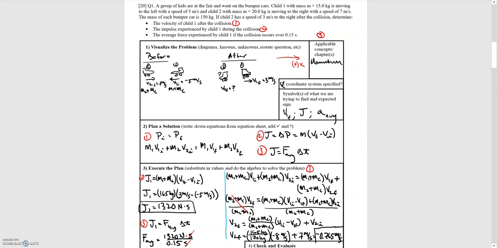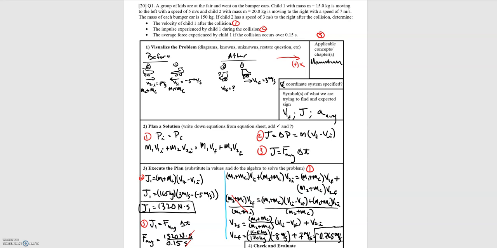So getting started, here we have question 1. Question 1 is dealing with 2 cars that are coming towards each other. They have certain velocities and certain masses, and then they collide, and they have different velocities after the collision.